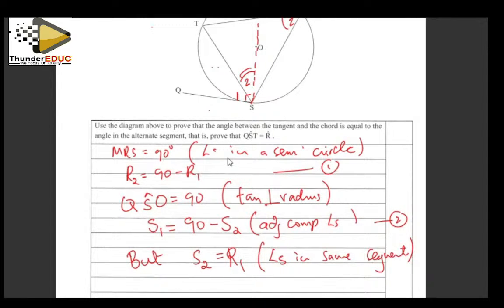So we're saying S2 is the same as R1. So where there is S2, I can replace it with R1. So S1 is going to be 90 minus R1. And we're seeing that this is the same as the first equation of interest.